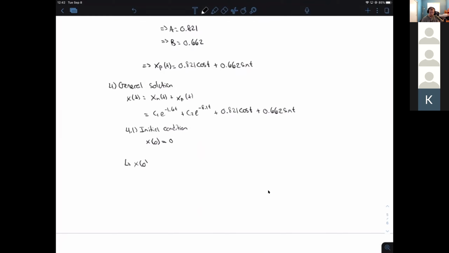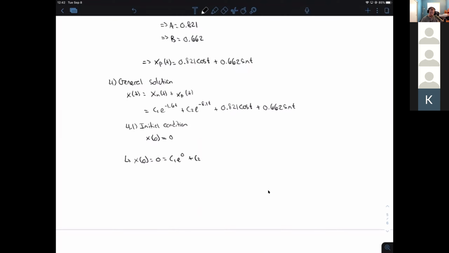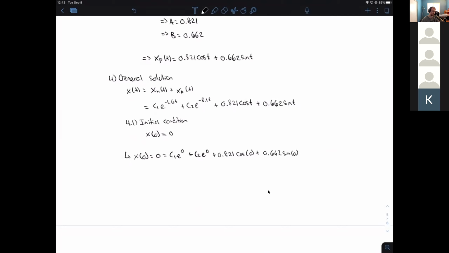So we have x of 0 equals 0. And we have C1 e to the 0, because again, we're basically plugging the 0 in for time t, plus C2 e to the 0 plus 0.821 cosine of 0 plus 0.662 sine of 0. Let's do some simplification. We have 0 equals C1.